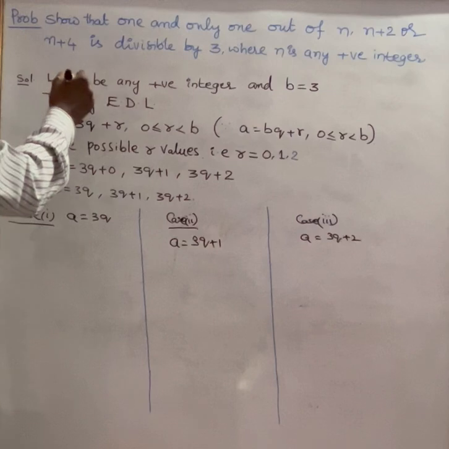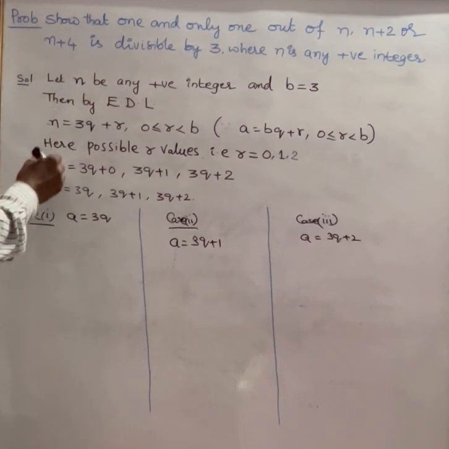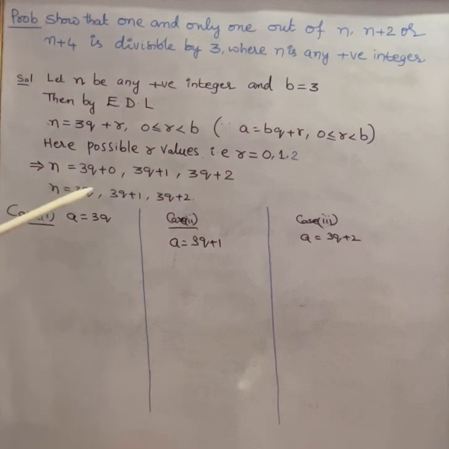Instead of a, we will write n. Therefore, the positive integer n becomes 3q, 3q plus 1, 3q plus 2, according to previous problems.